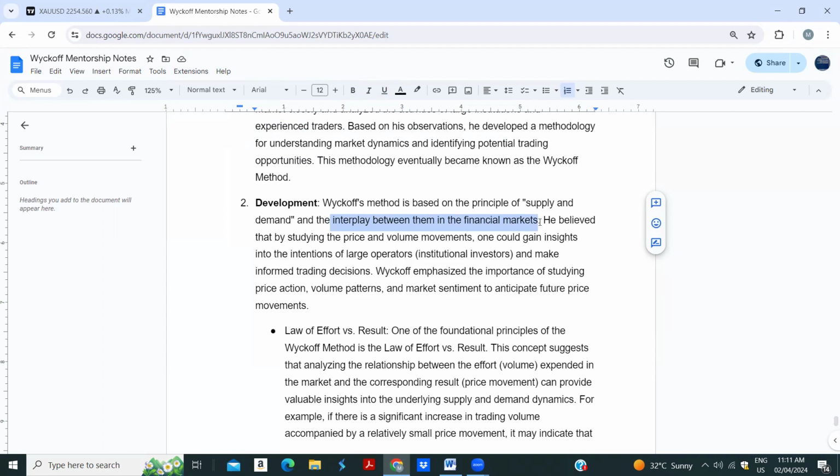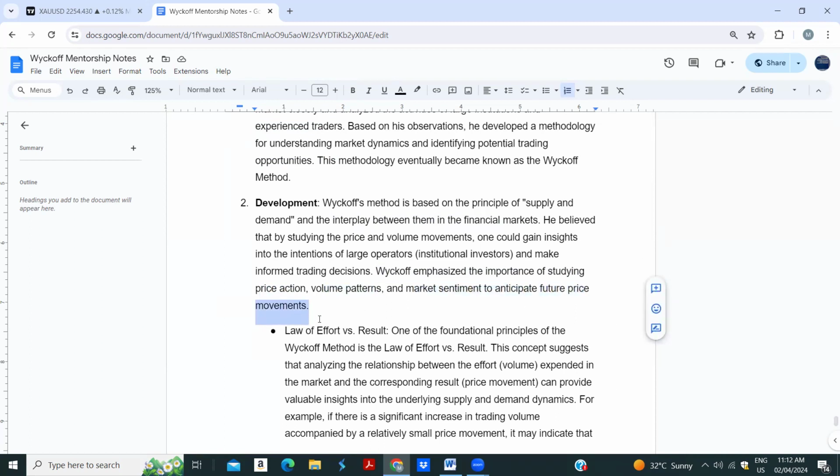He believed that by studying price and volume movements, one could gain insights into the intentions of large operators, or we can say institutional investors, and make informed trading decisions. Wyckoff emphasized the importance of studying price action, volume patterns, and market sentiment to anticipate future price movements.